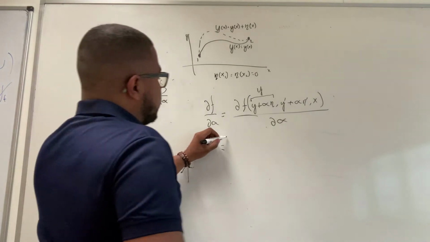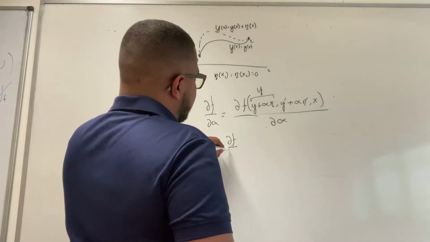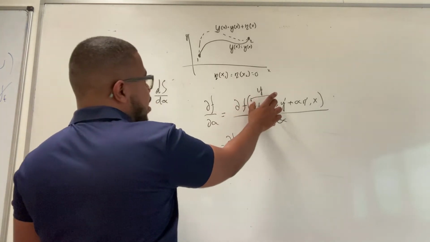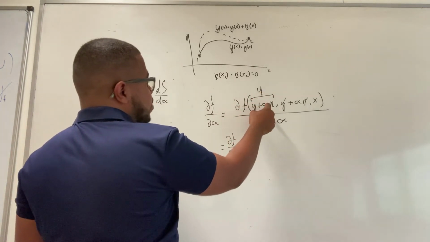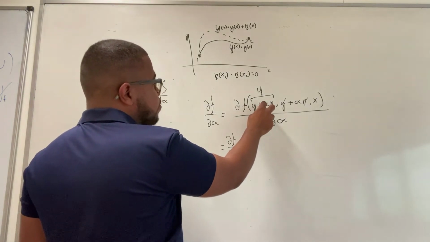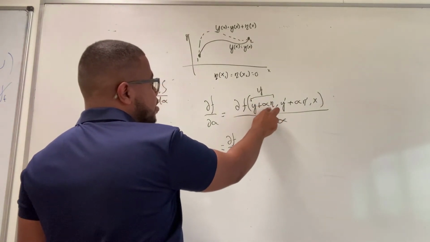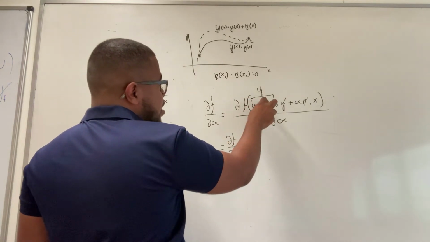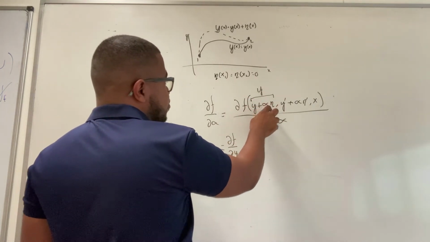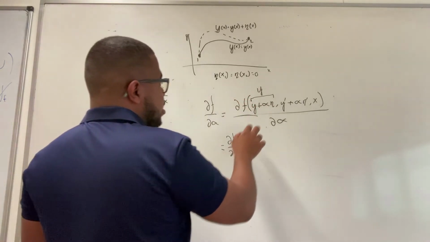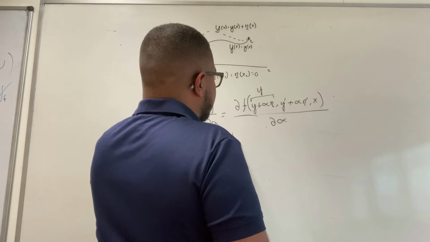We have to take the partial derivative of f with respect to y, and then multiply by the derivative of what's inside with respect to alpha. One term has alpha and one term doesn't, so that falls out, leaving us with eta. So we have the partial derivative of f with respect to y multiplied by eta.